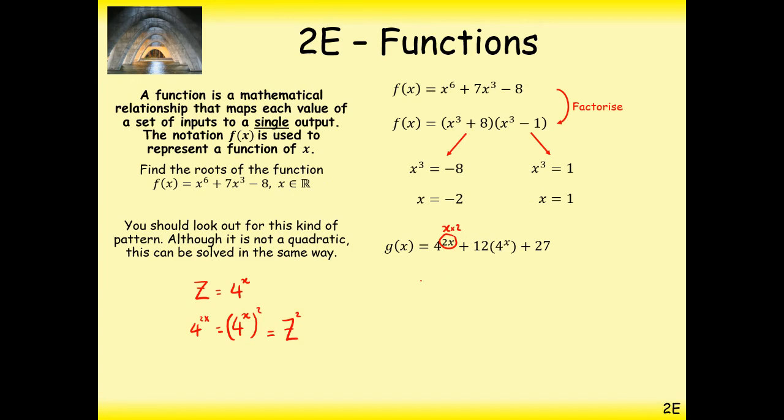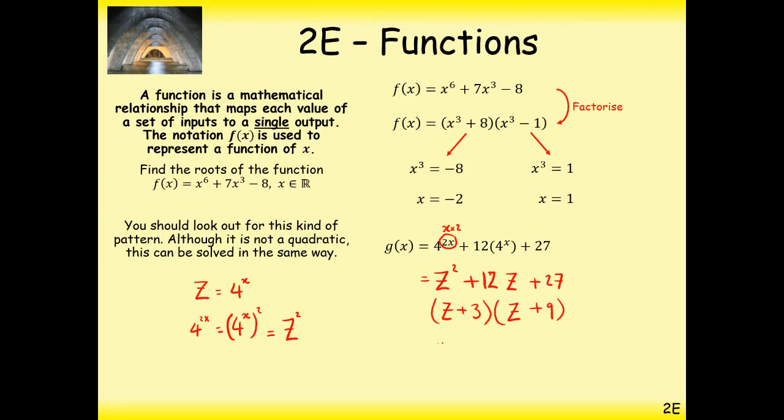So I can rewrite g of x as z squared plus 12z plus 27. Now, what if I had to factorize this? What are the factors of this equation? Have you guessed it? Yes, it's plus 3 and plus 9 here, because they add up to 12 and multiply to 27.